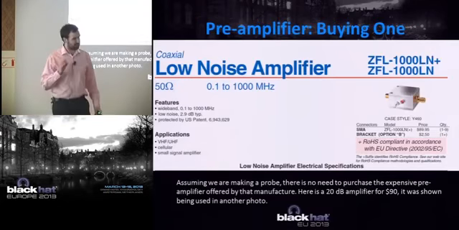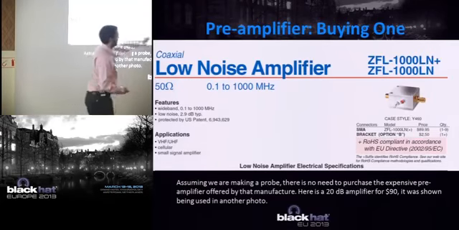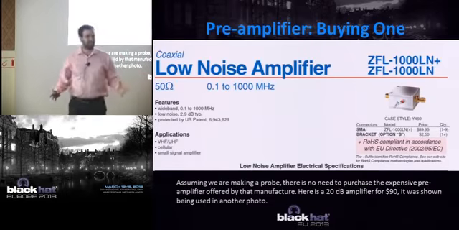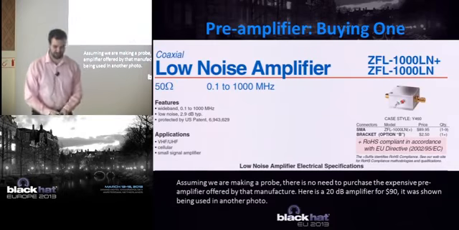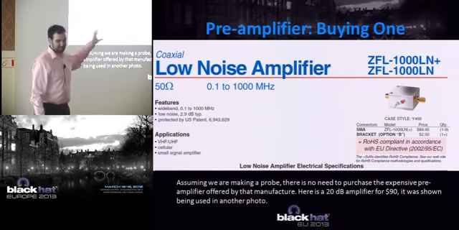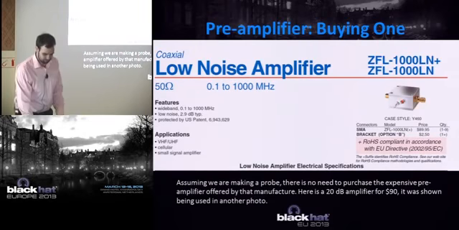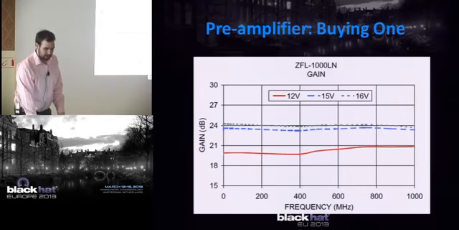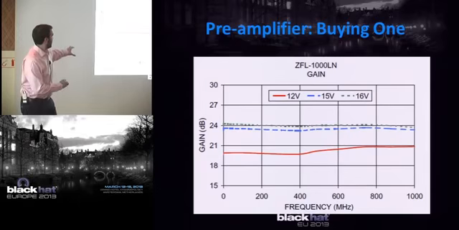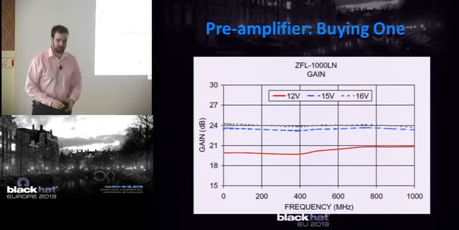They tend to look suspiciously like some of these commercial ones that are only $90, but with a different label on them, and then they're costing $400. So as you can guess, you can in fact just use these amplifiers instead. The gain could vary from about 20 dB to 24 dB.